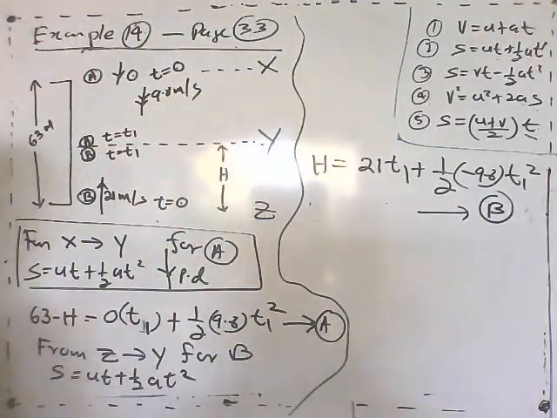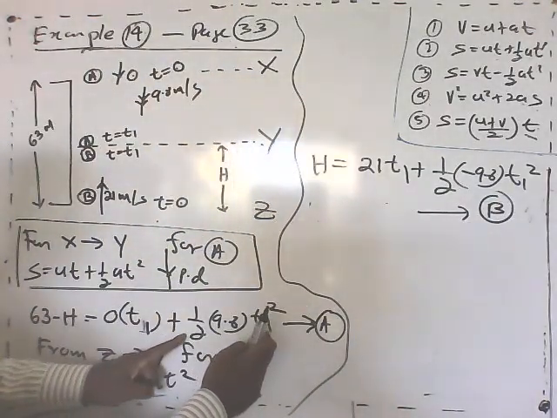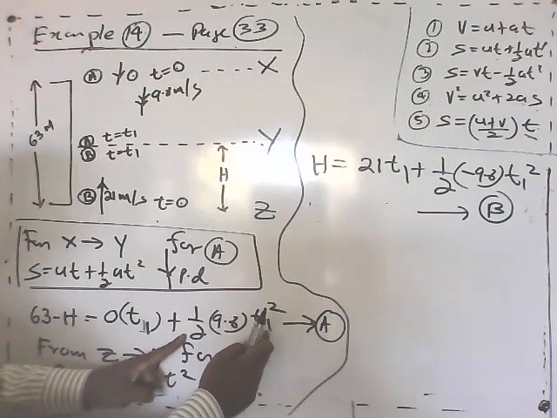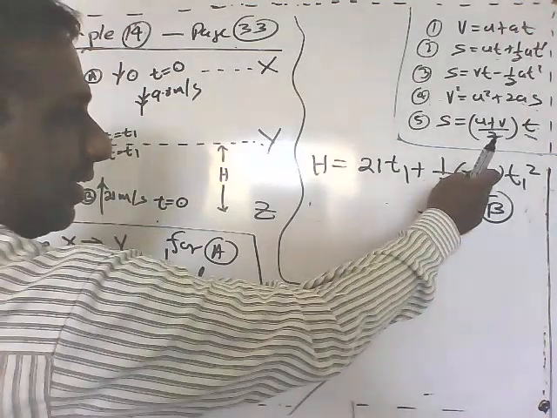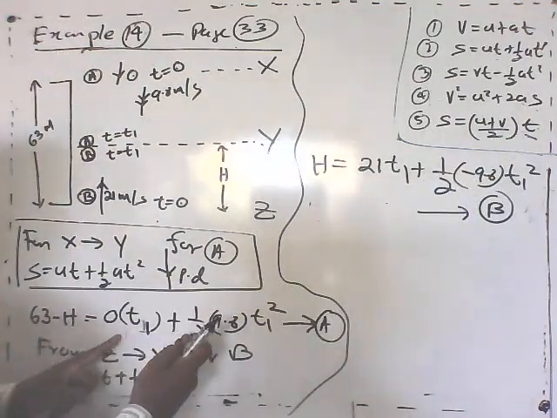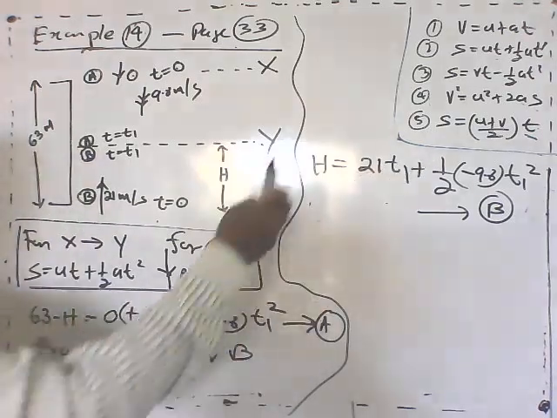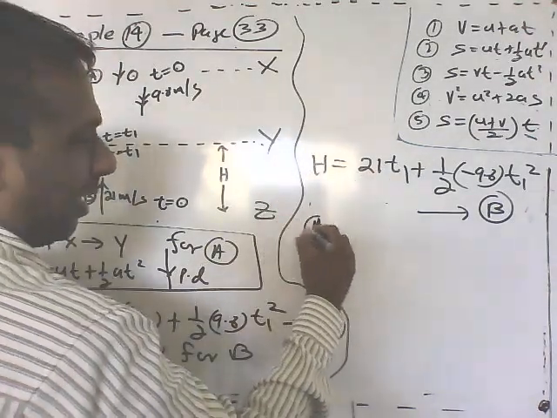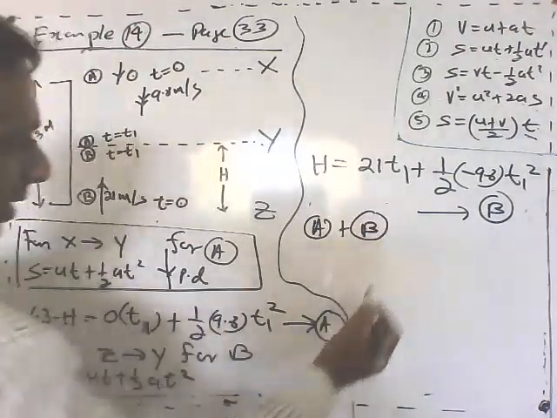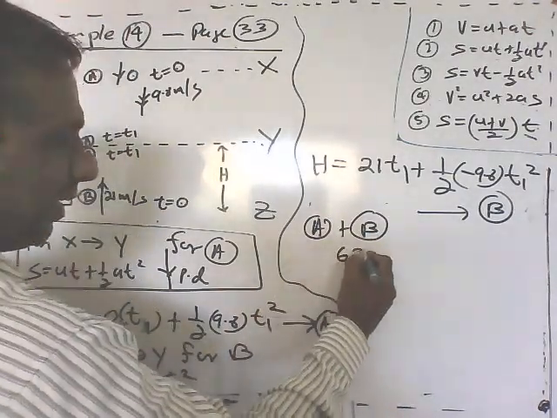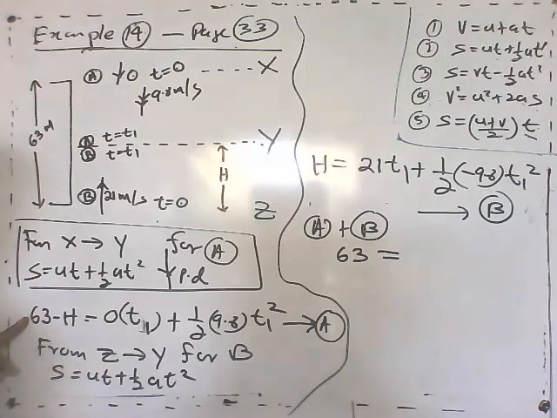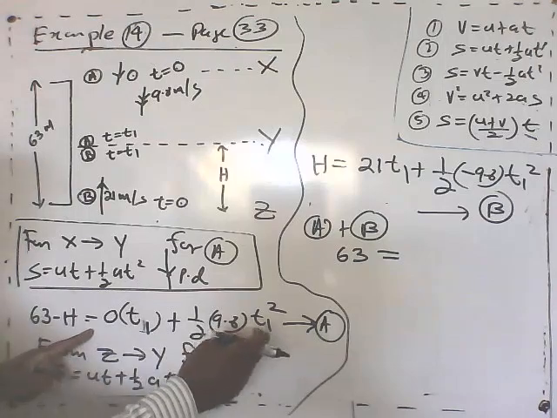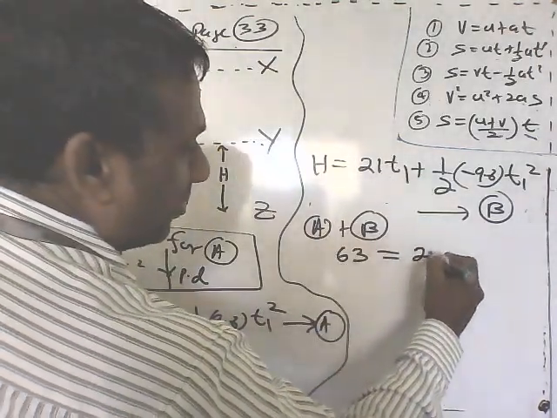Now I saw a pattern. If you add these two, this is plus and this is minus, so those cancel off. We can say capital A plus capital B. So we get 63 equals, h and h cancel off, the t1 squared terms also go off, and it becomes only 21 t1.